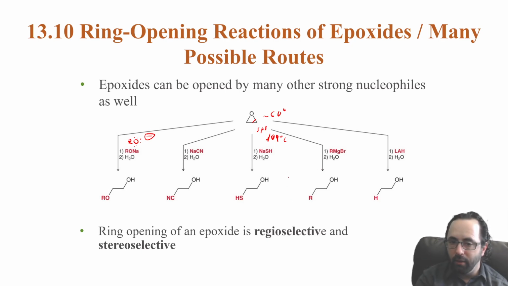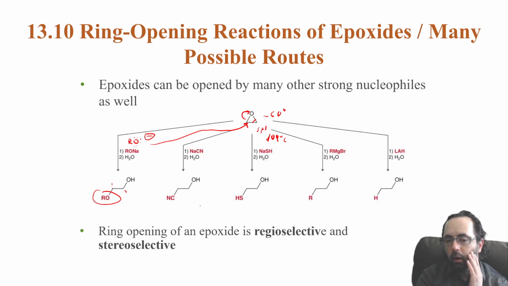But if we have this guy attack the epoxide, it will open up, and then this OR group will be attached to the carbon on the epoxide, and ultimately the oxygen here will get protonated, and we'll get an alcohol, two carbons away from the OR group.